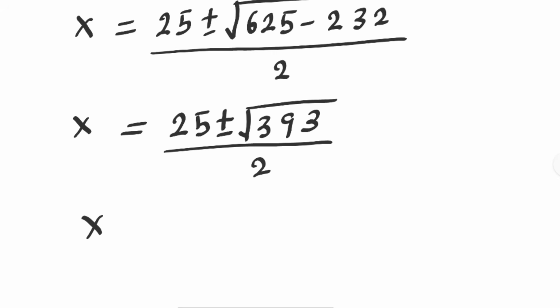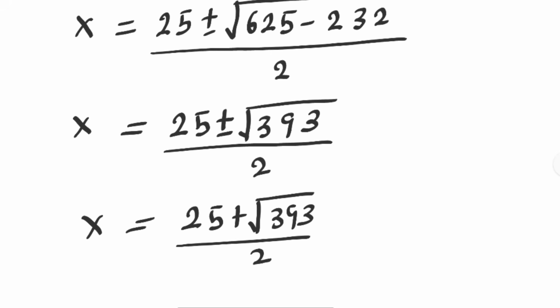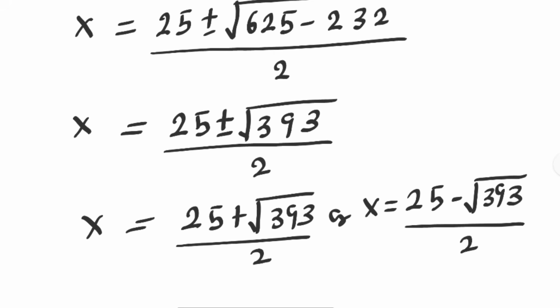Now x is equal to 25 plus square root of 393 divided by 2, or x is equal to 25 minus square root of 393 divided by 2. These are the values of x.